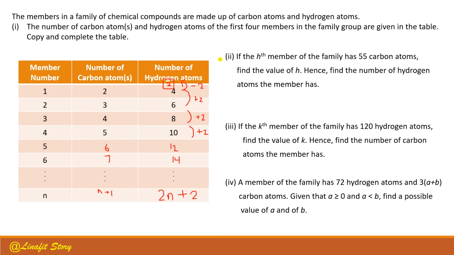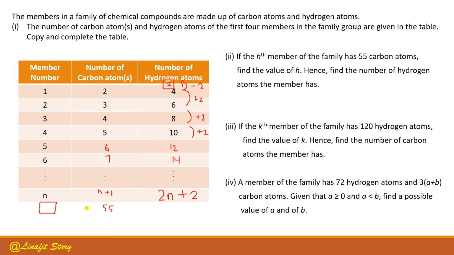The second question is, if the eighth member of the family has 55 carbon atoms, here's the carbon atoms is 55. Find the value of H. So to get the number of carbon atoms is n plus 1.